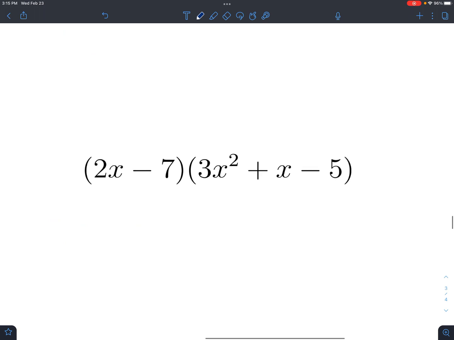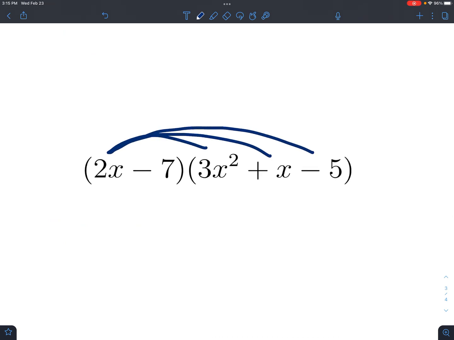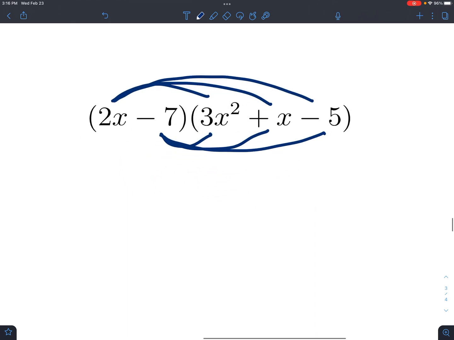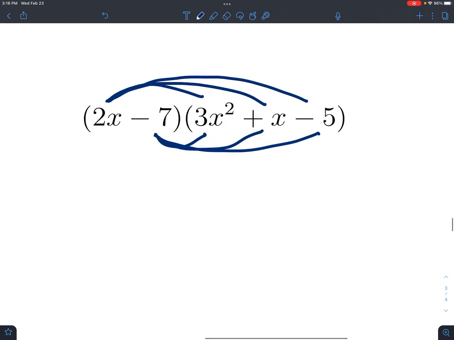Let's see that again. So now we actually have 3 and 3 to go to, because everyone has to be distributed to. Okay. Each term, there's 5 of them really, and they all must touch each other.